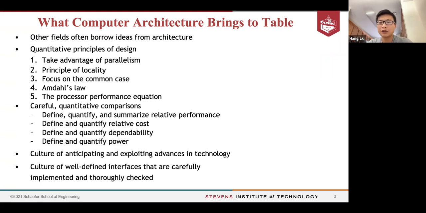To review a little bit of Amdahl's law, we said we want to focus upon the common cases, or when we want to improve a portion, that specific portion should take a majority of the time, or should be the biggest part of all the other parts. Otherwise, we should focus on the biggest portion of that program, right?